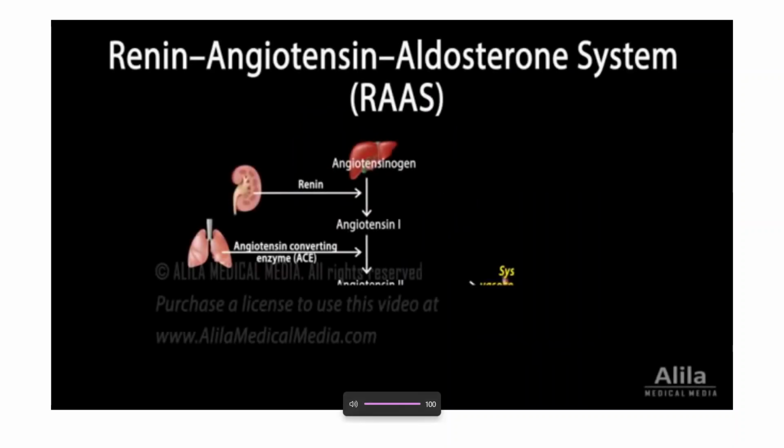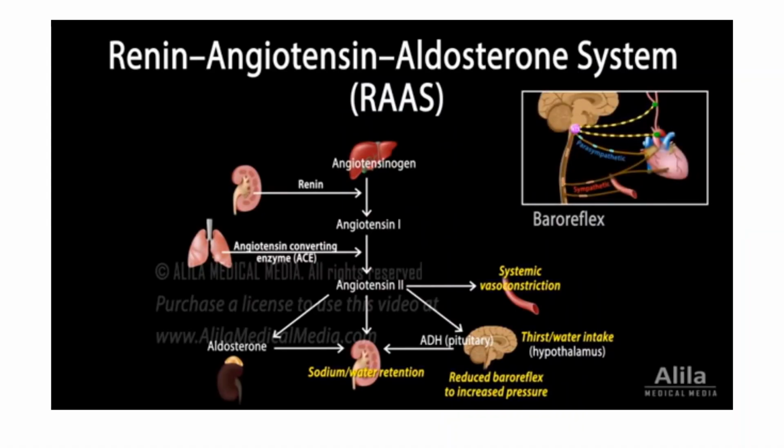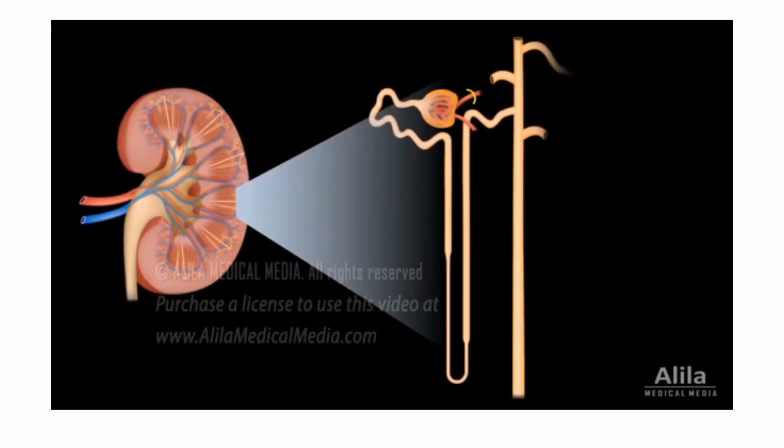The renin-angiotensin-aldosterone system, RAS, is a hormonal system that controls blood pressure. While baroreflex is a short-term response to sudden changes in blood pressure, RAS is responsible for long-term regulation. In the kidneys, within the walls of afferent arterioles, there are specialized cells producing prorenin called juxtaglomerular cells.